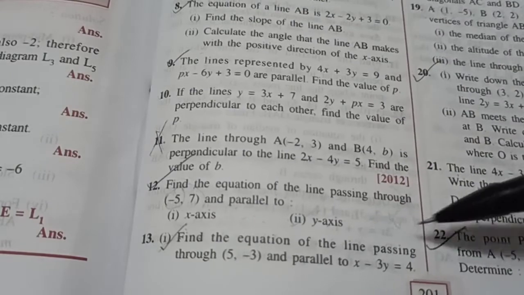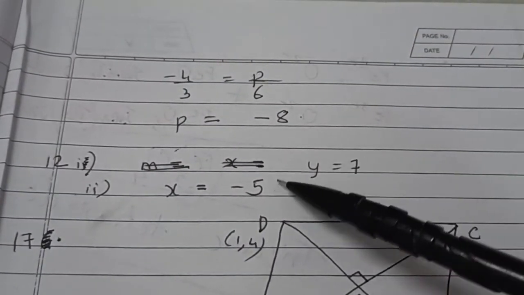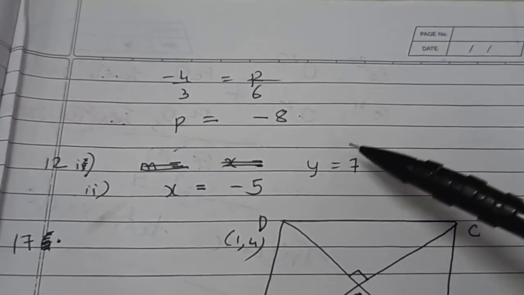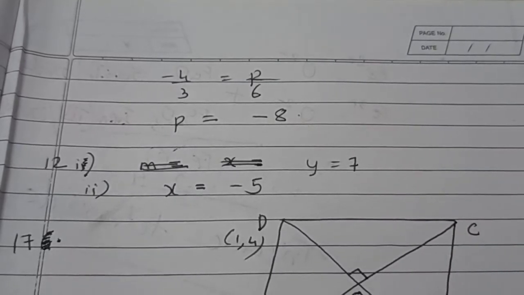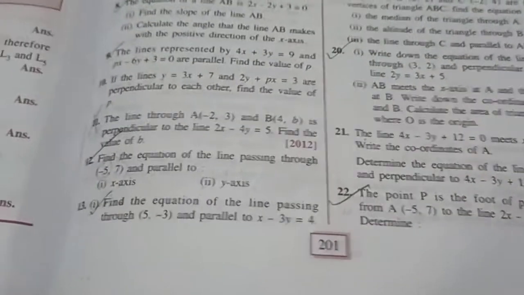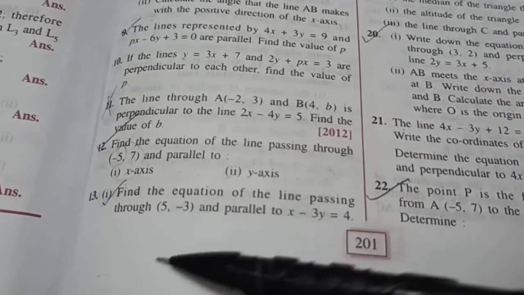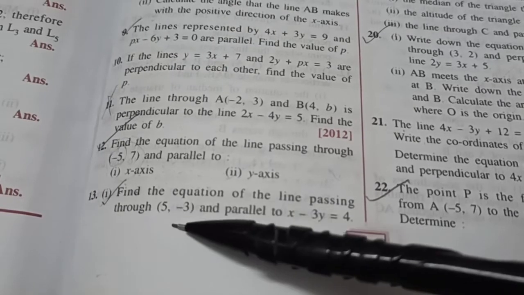So answer is x is equal to -5. That's it. That's all that you have to solve. 2 steps and the sum is over. Next, let's do 13.1. Find the equation of the line passing through this point and parallel to this.